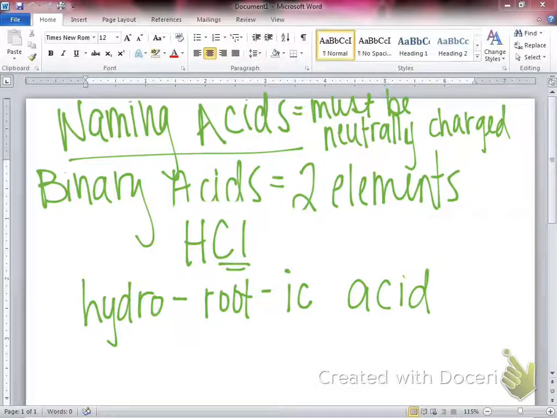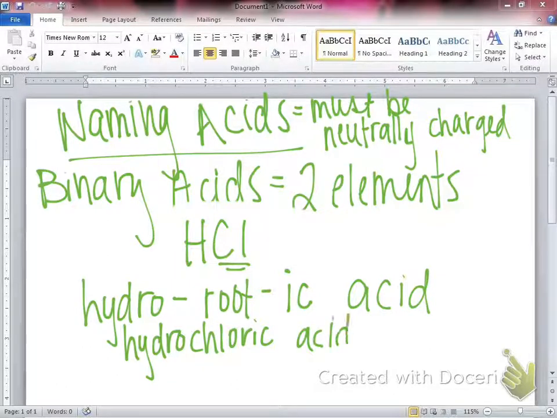So this overall acid would be called hydrochloric acid. This is for a binary acid.